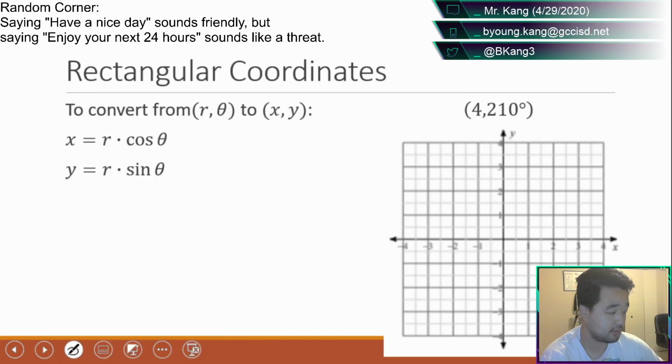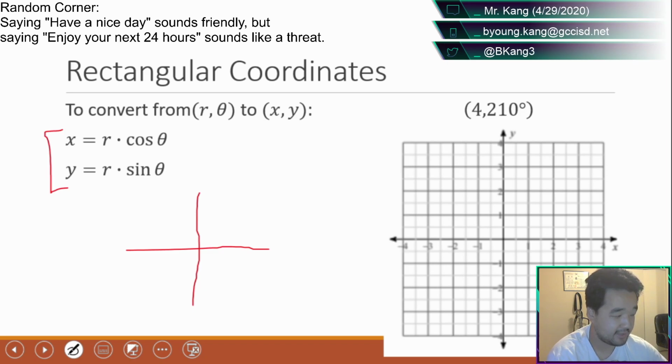Well, we're actually going to use these 2 equations, and these come from just right triangle math that we've done already. So let me explain where these 2 things come from. If you have any point that exists, remember the r is how far away from the origin you are.